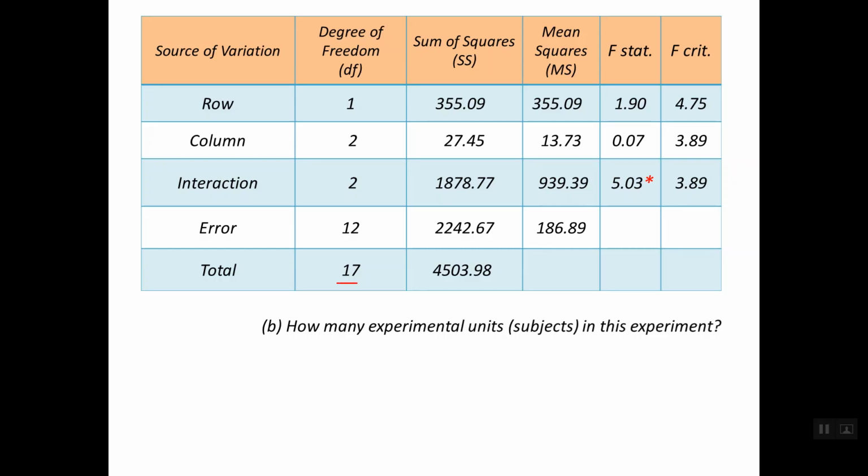You remember how to calculate the total degree of freedom. You use this formula. The degree of freedom total is simply equal to the total observations, capital N, which is the same as the experimental units or experimental subjects, minus 1.